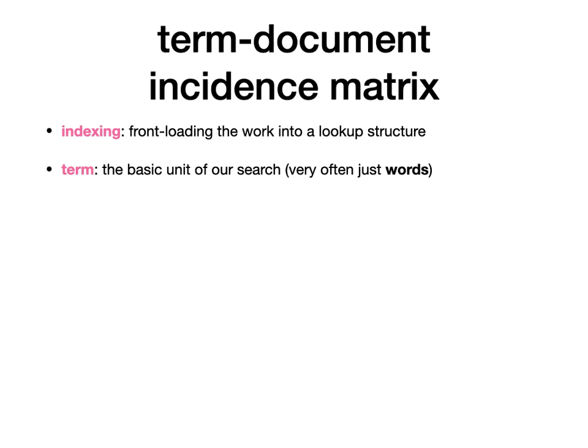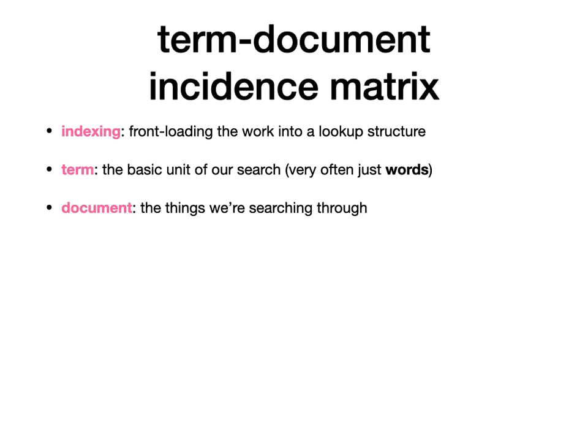Terms, this is the basic unit of search. This is usually just, the easiest way to think of it is words. So the words of a document are its terms. Now we need to do a little processing to make words into consistent terms, but we start here with this idea.